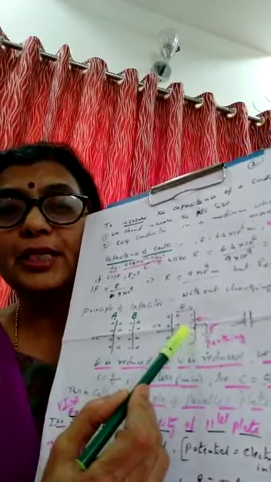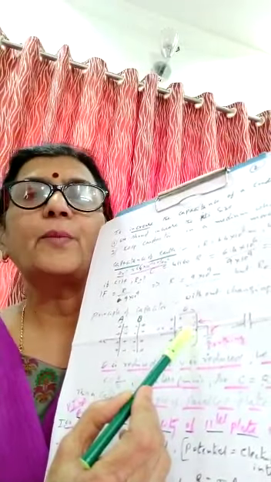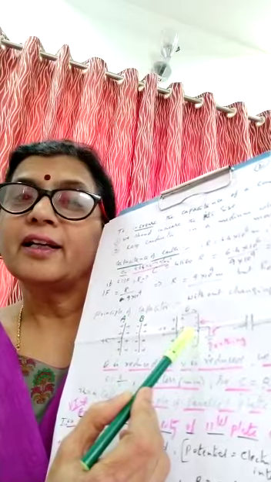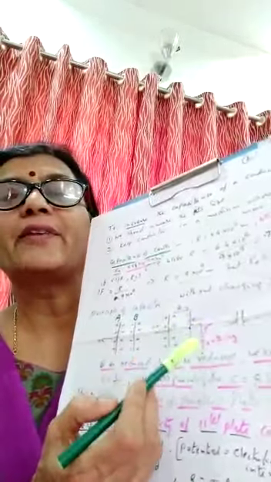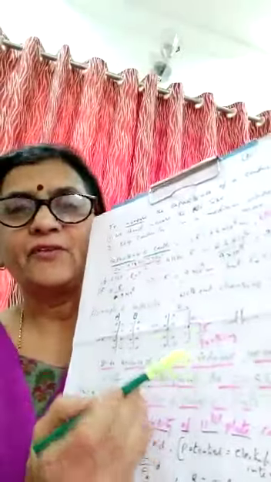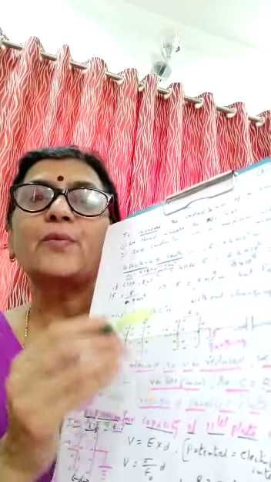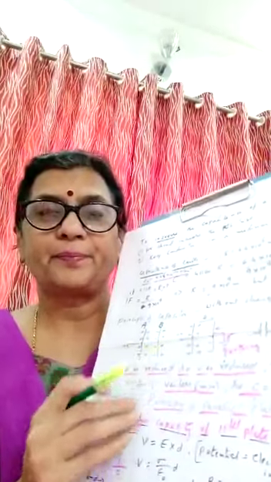If potential reduces, capacitance will increase, because C is equal to Q by V. The denominator is decreasing, so the numerator will increase. C will increase. We reduce the potential between the two plates so that we can store more charge, that is, more electrostatic energy.